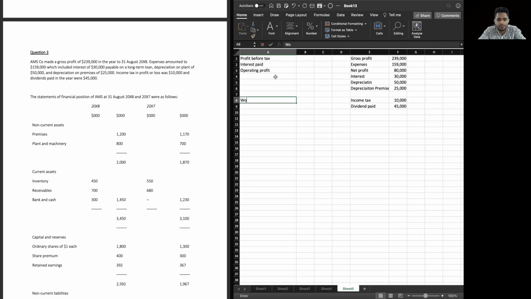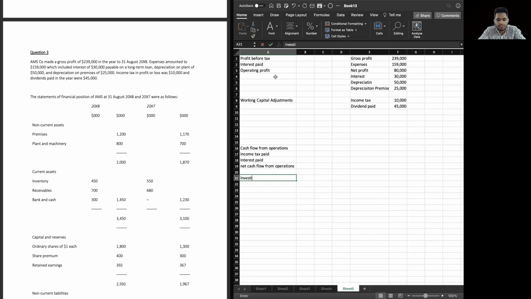Then you have your working capital adjustments. Then you have your cash flow from operating activities. And you have your income tax paid, your interest paid, and you will have your net cash flow from operations.